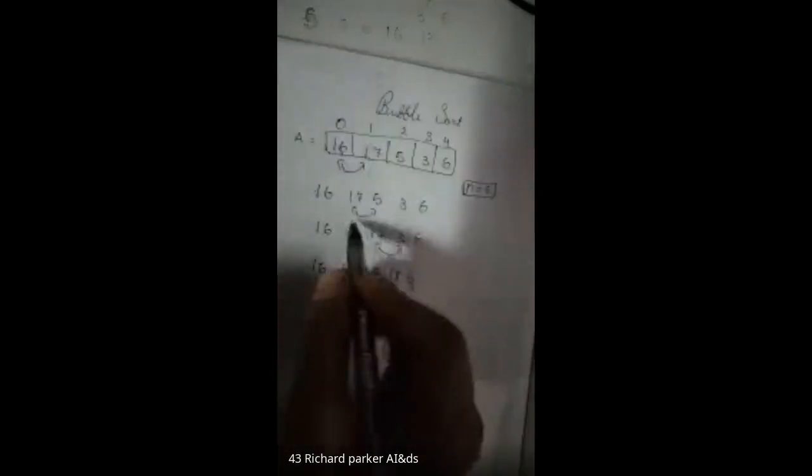What is happening here is that it compares adjacent elements, and if the condition is not true, it swaps. The largest element bubbles up to its correct position.